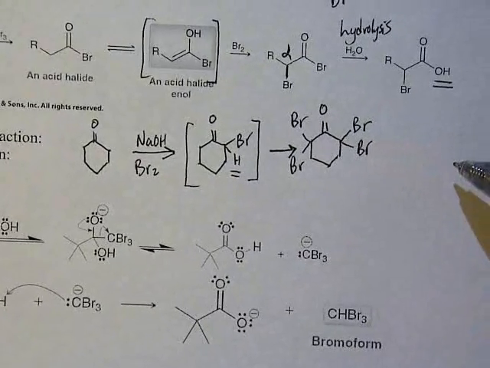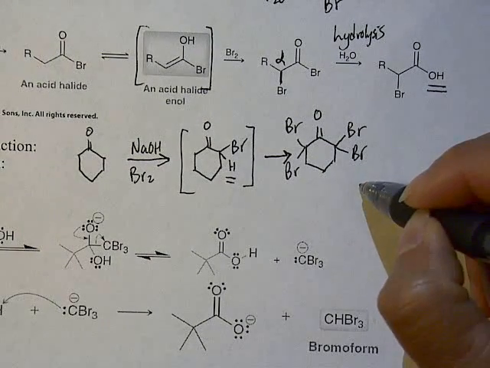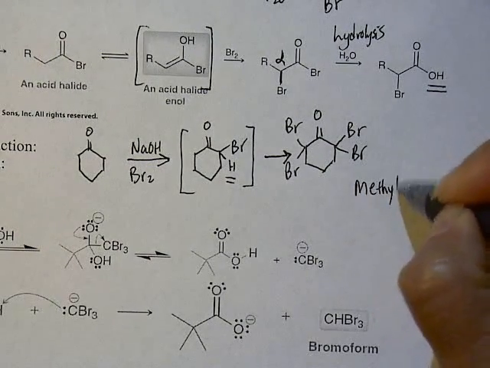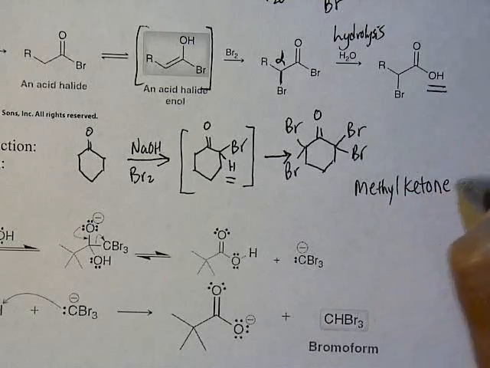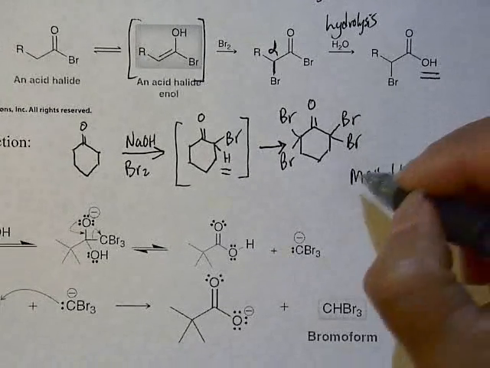All right. One of the interesting things that the haloform reaction is used for is testing for methyl ketones in the lab. So you have an unknown, and you see whether or not you have a methyl ketone.